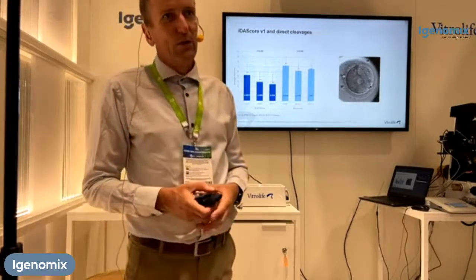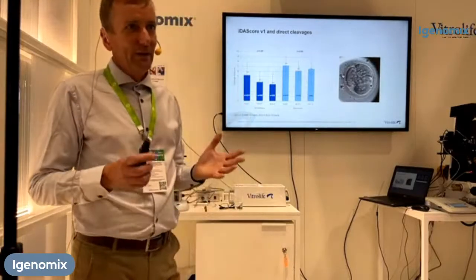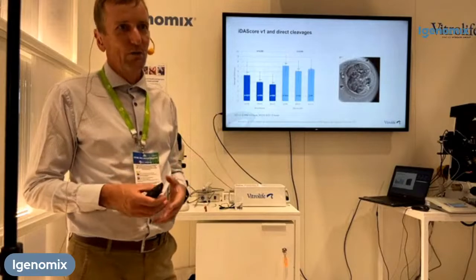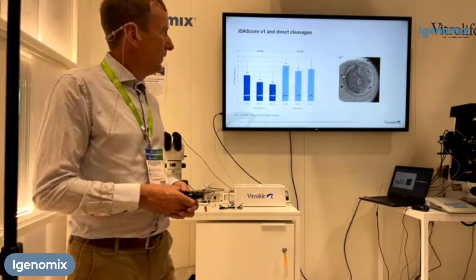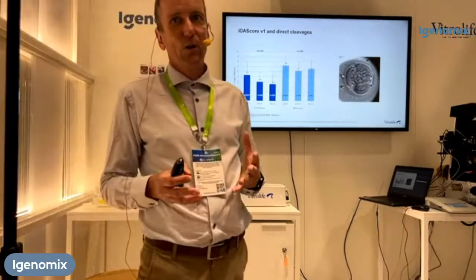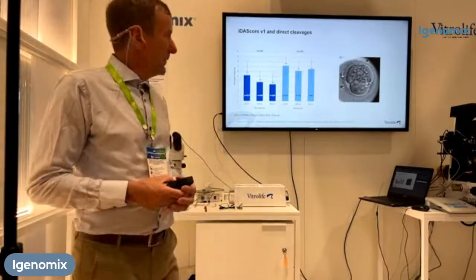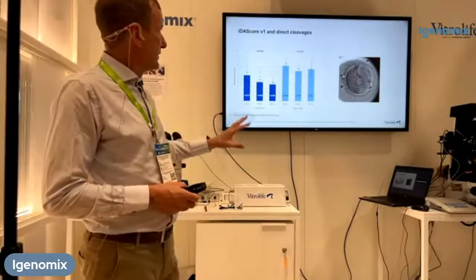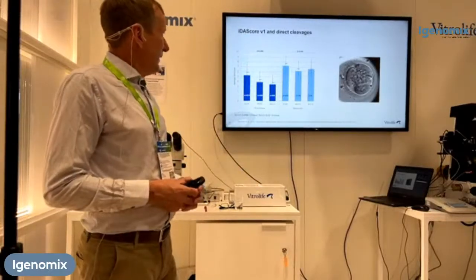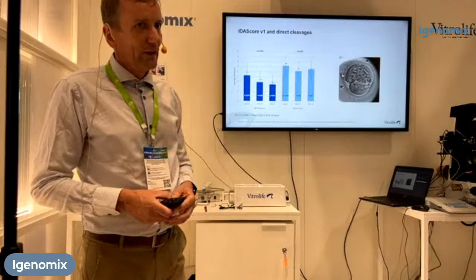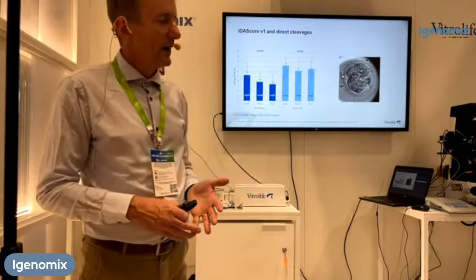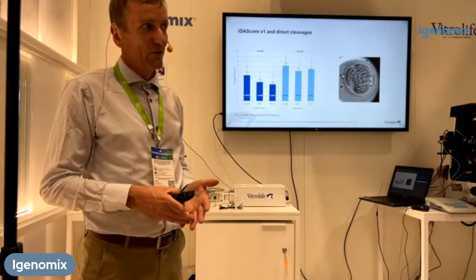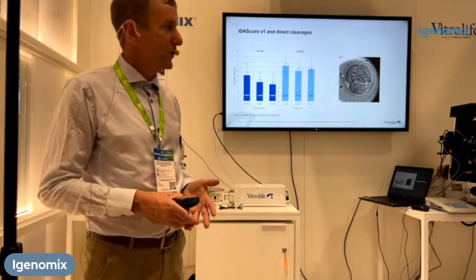And finally, we have also looked at direct cleavages. We all know that direct cleavages aren't very good for implantation likelihood. And here we also see that iDAScore has found something similar. On the left there are all embryos, and here we see that embryos without direct cleavages have a significantly higher iDAScore compared to those with direct cleavage from 2 to 5 or from 1 to 3.